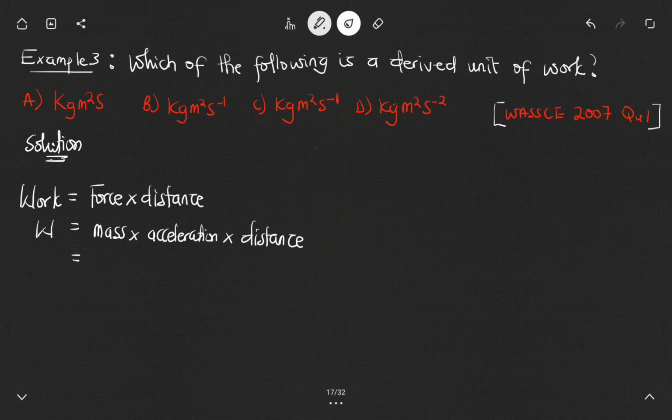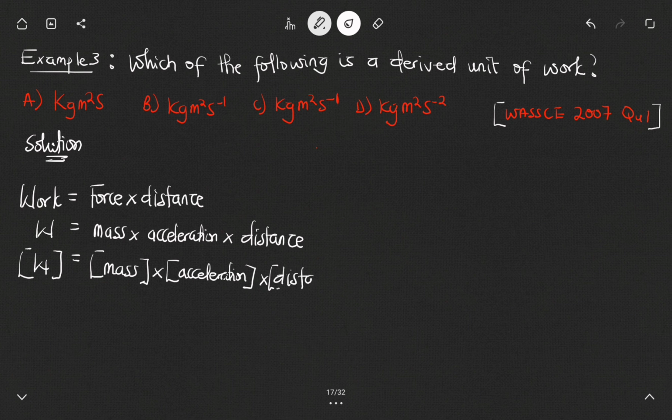So the dimension of work will be equal to the dimension of mass multiplied by the dimension of acceleration, multiplied by the dimension for distance.